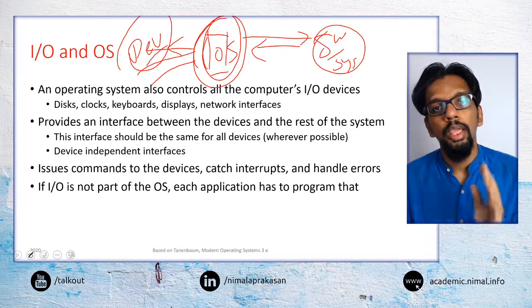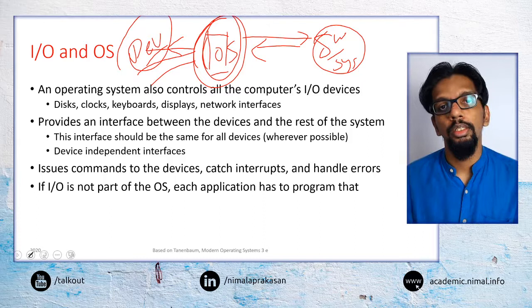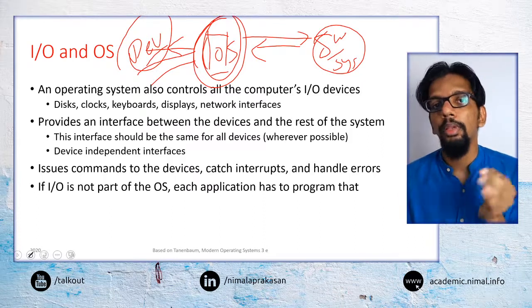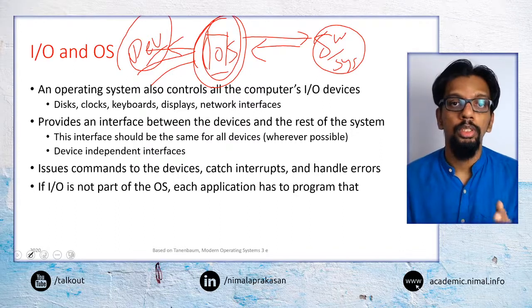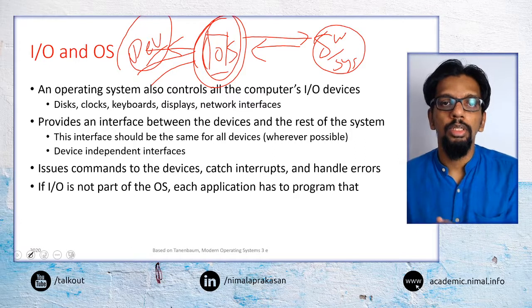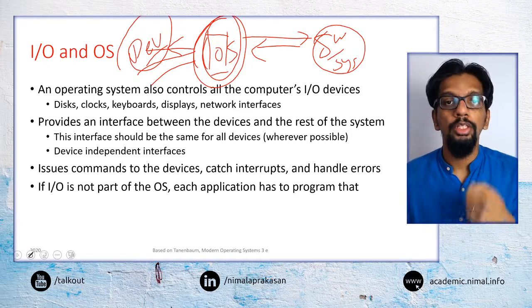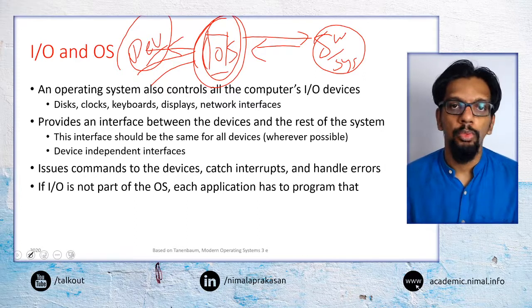And one of the main reasons why input-output needs to be in operating systems is, unless they are implemented at the operating system level, what we will have to do is each and every program, each and every process will have to manage its own input-output capabilities, and that would be much more complicated.